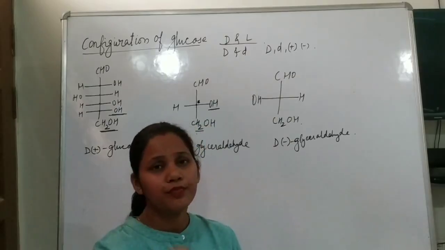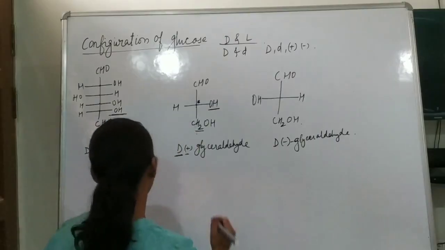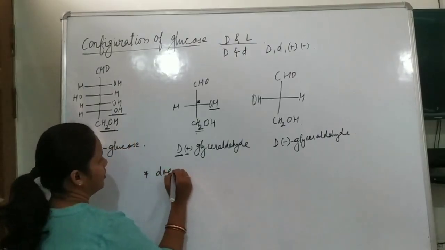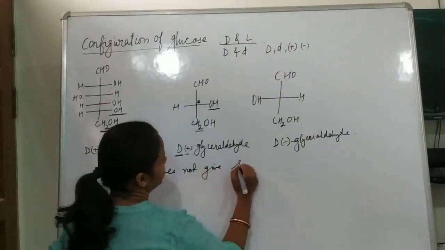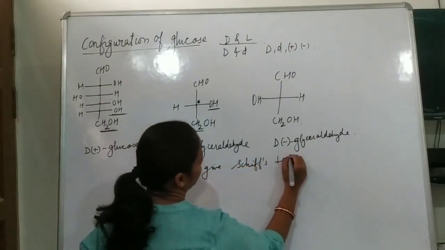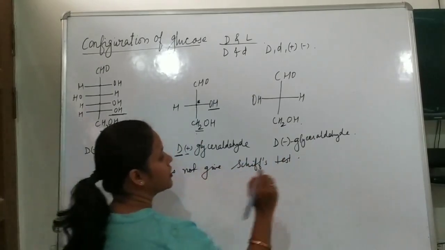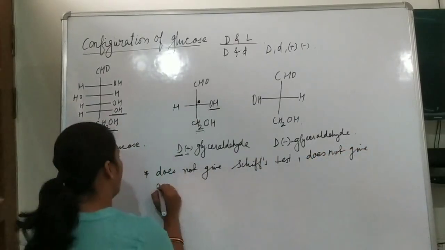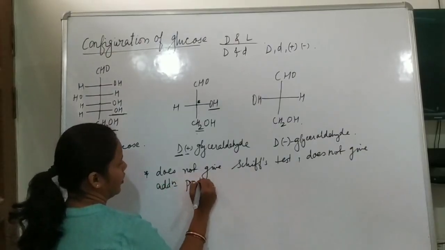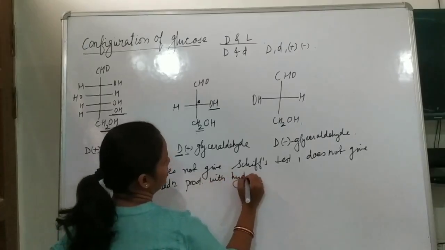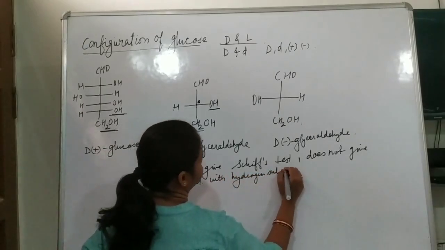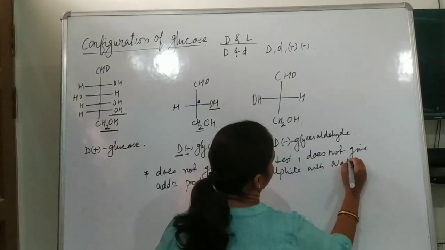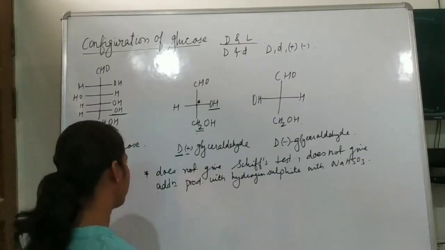But despite having the aldehydic group, the first point is that it does not give Schiff's test. Also, it does not give addition products with hydrogen sulfide or NaHSO3. Okay, this is the first reason.